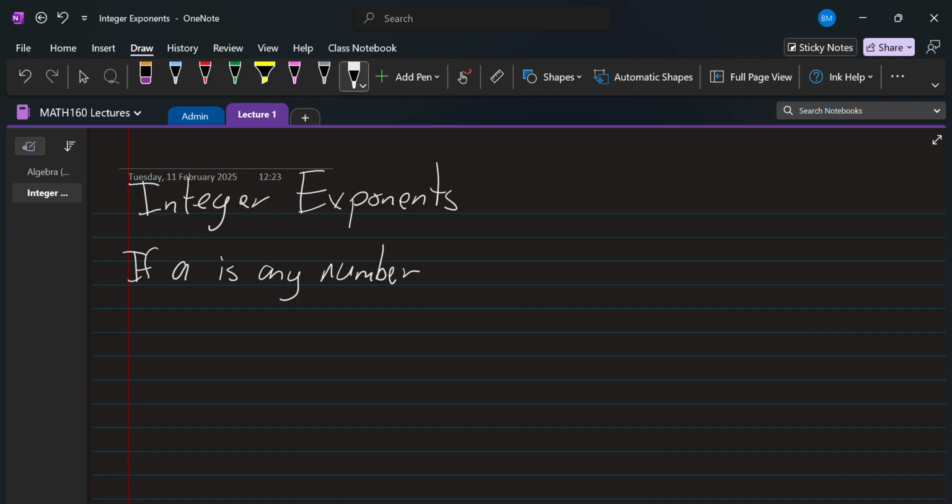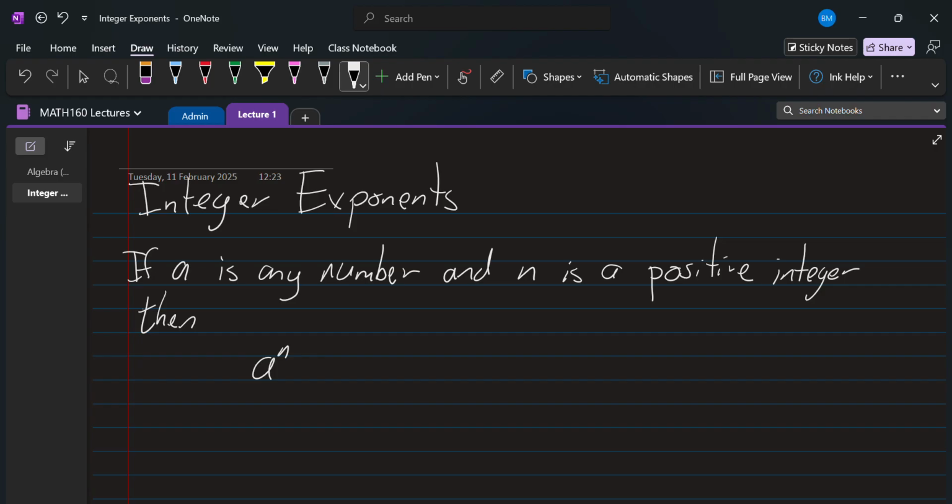If a is any number and n is a positive integer, then we write a superscript n, so a to the power n. What does this mean?